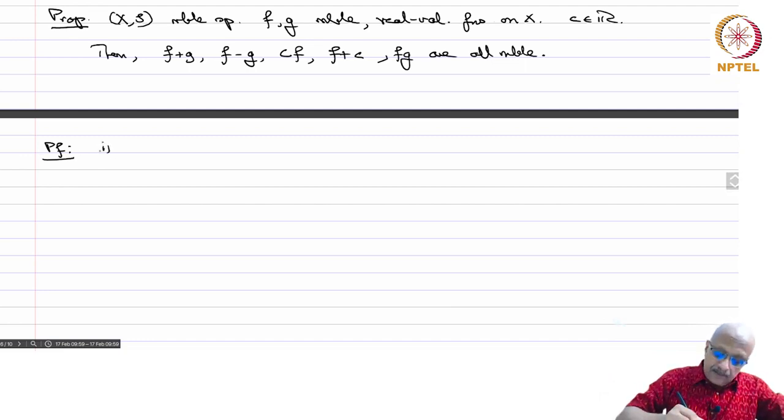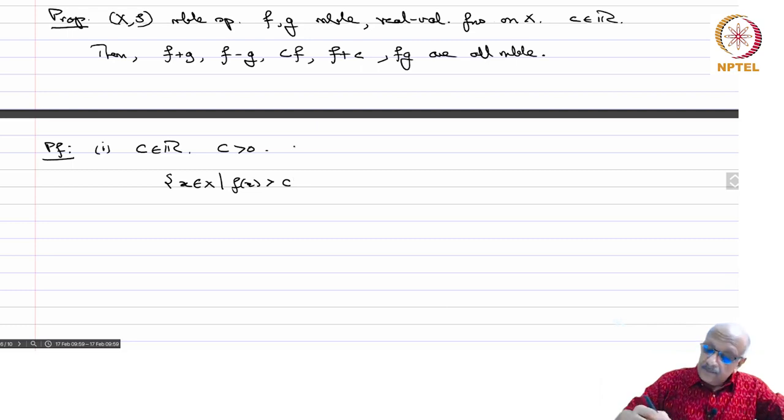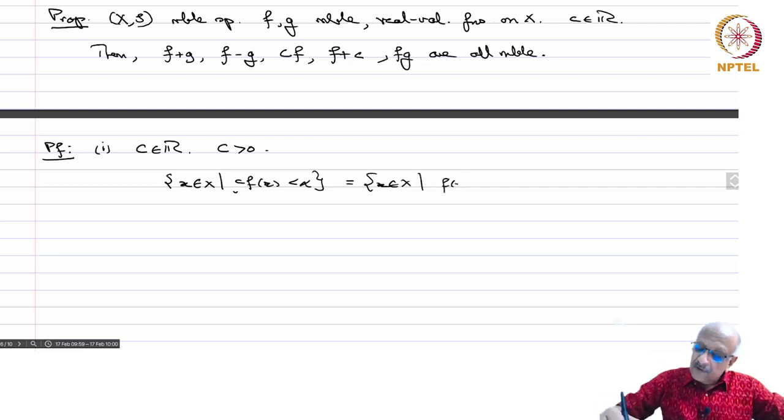1. Let c belong to R, then c positive. So the set of all x in X such that cf(x) is less than alpha is equal to the set of all x in X such that f(x) is less than alpha by c, and that of course is measurable because f is measurable.